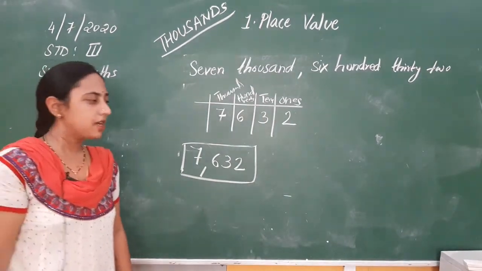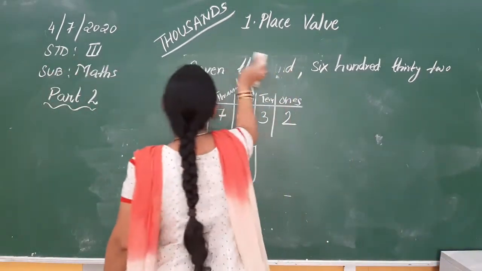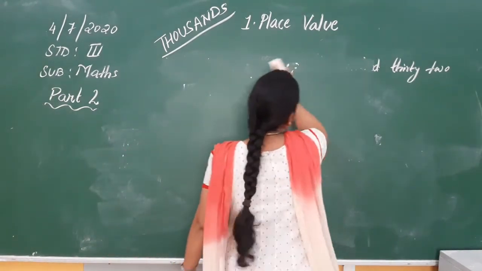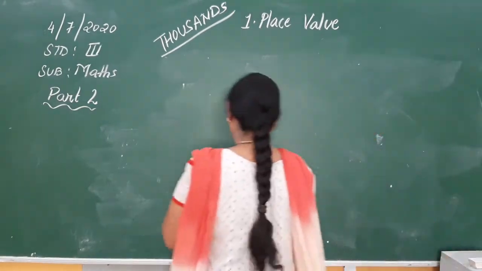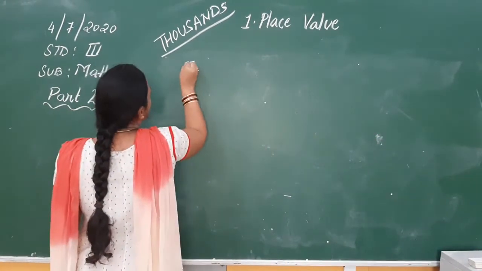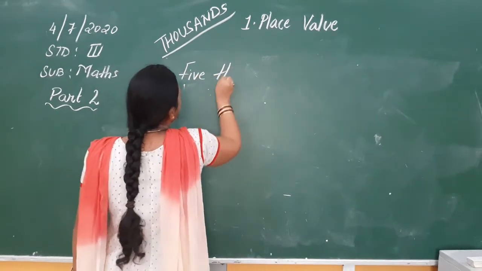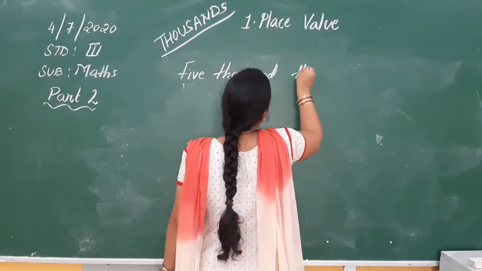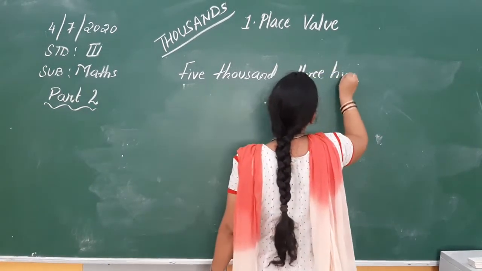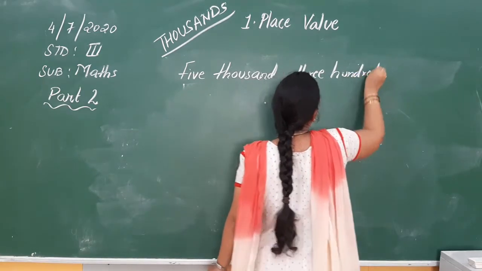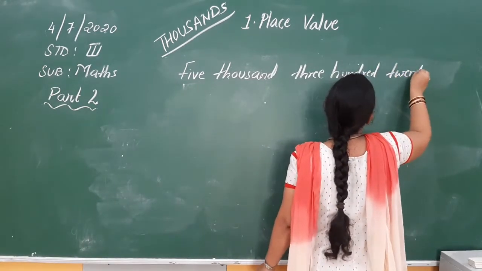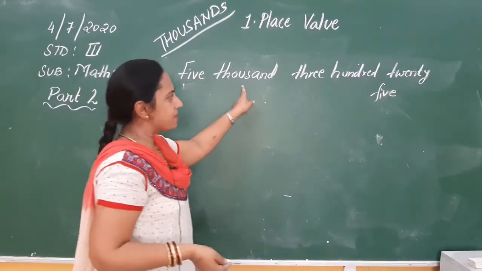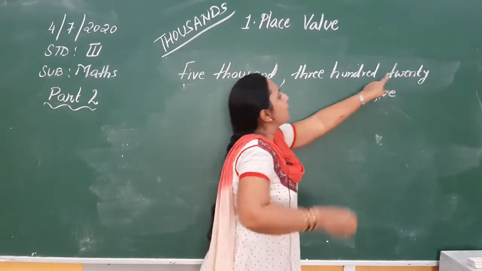Right? Now let us take one more example. Five thousand 325. You can take any number. 5,325.